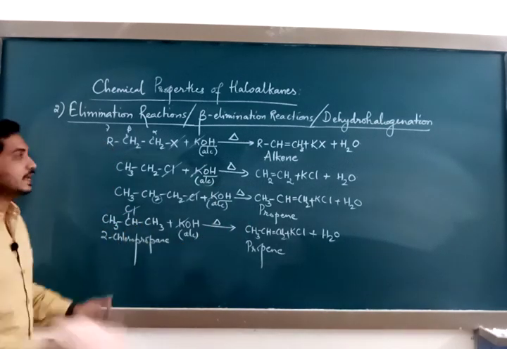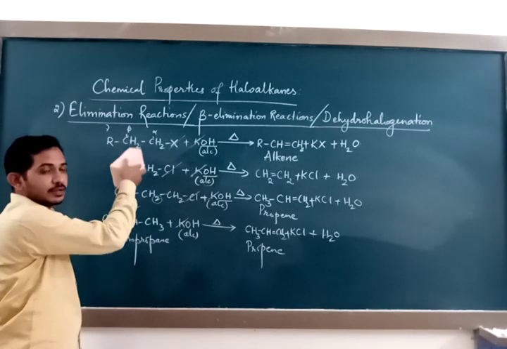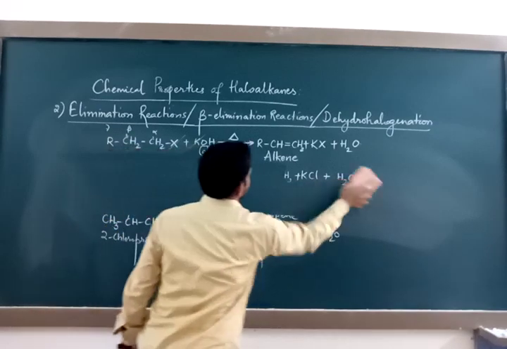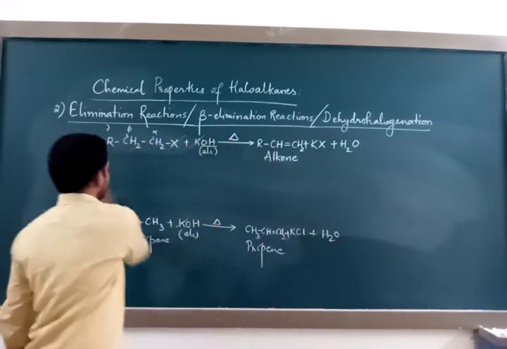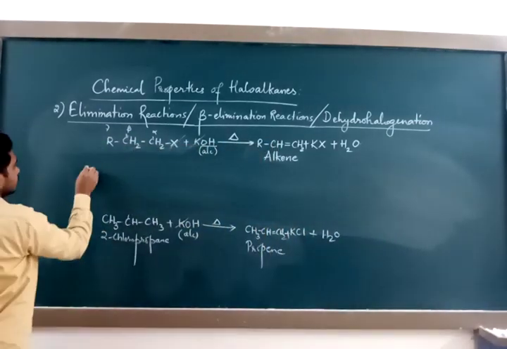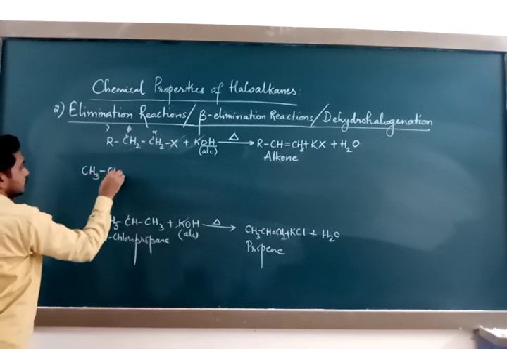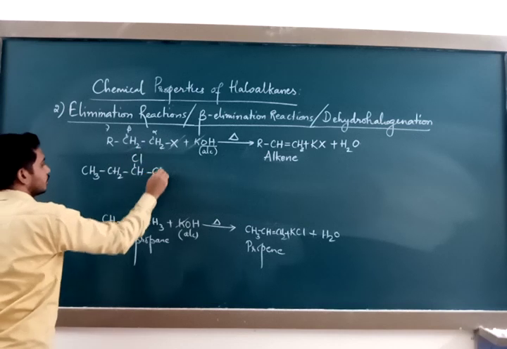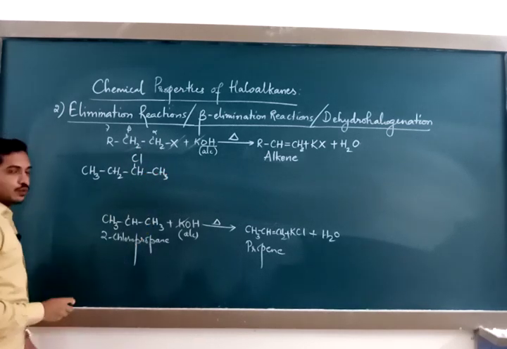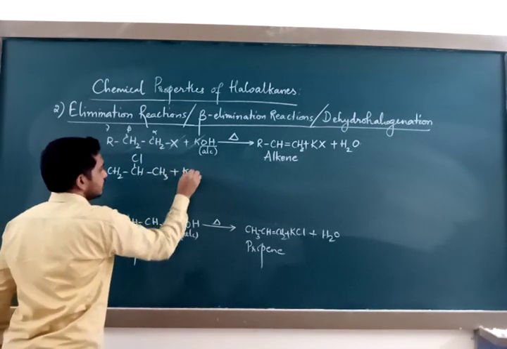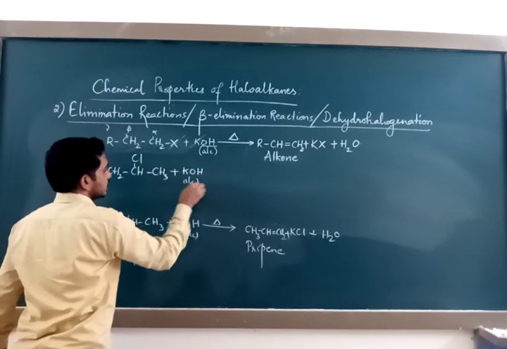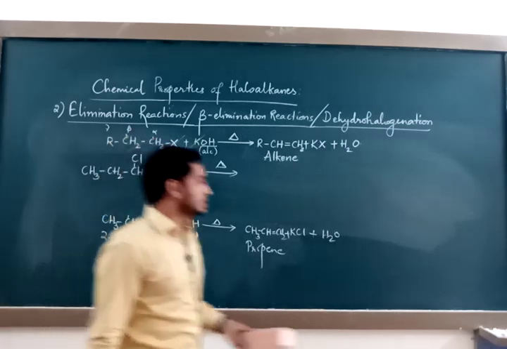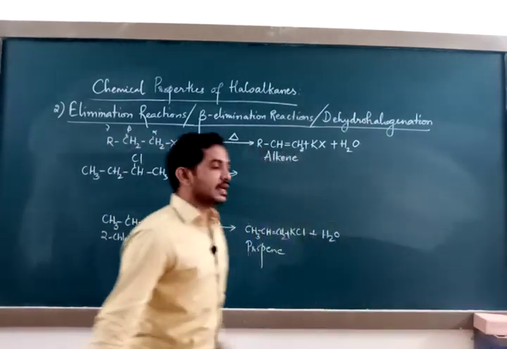Let us see some higher example and understand the significance of this reaction. If it is 2-chlorobutane, if this is heated with alcoholic KOH, what product are you likely to guess? Let me make a guess.